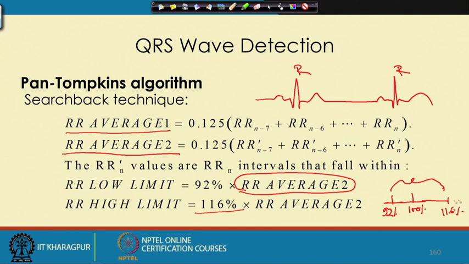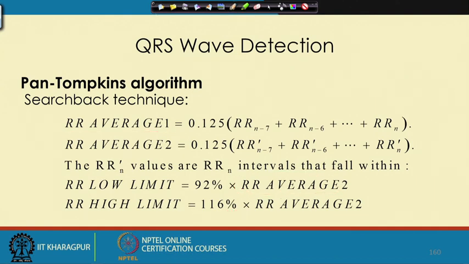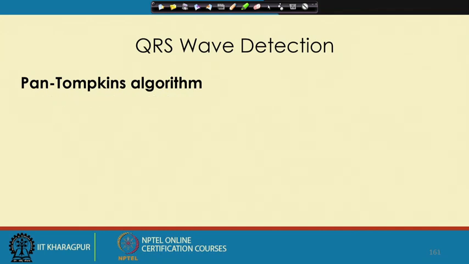And if it is above, that means we have missed something. So, we need to look back and find out that missed peak, and that is the part we call as search back operation.